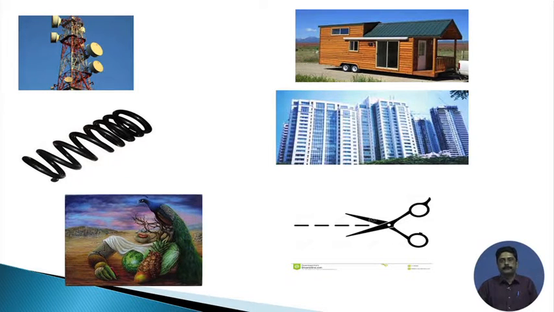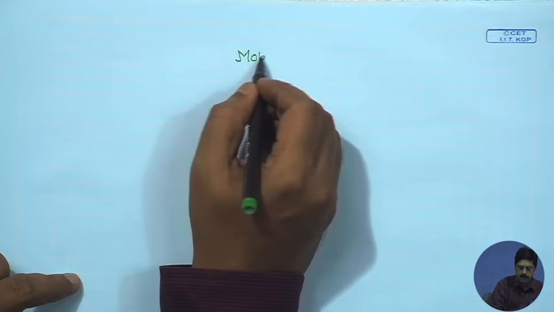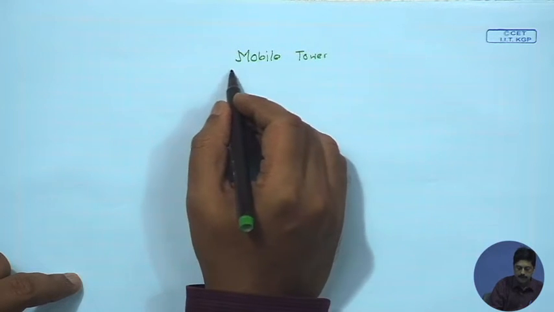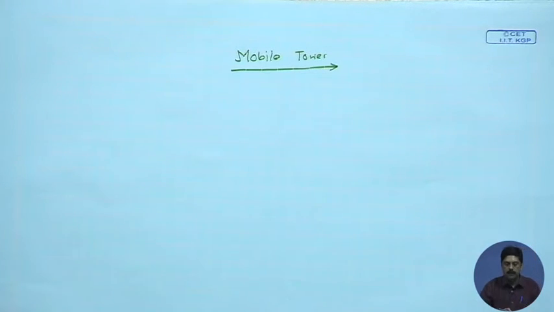So now let's consider the mobile tower. First I am considering the mobile tower. The name, see, a very interesting situation, mobile tower. It is analyzed with reference to the definition of design.